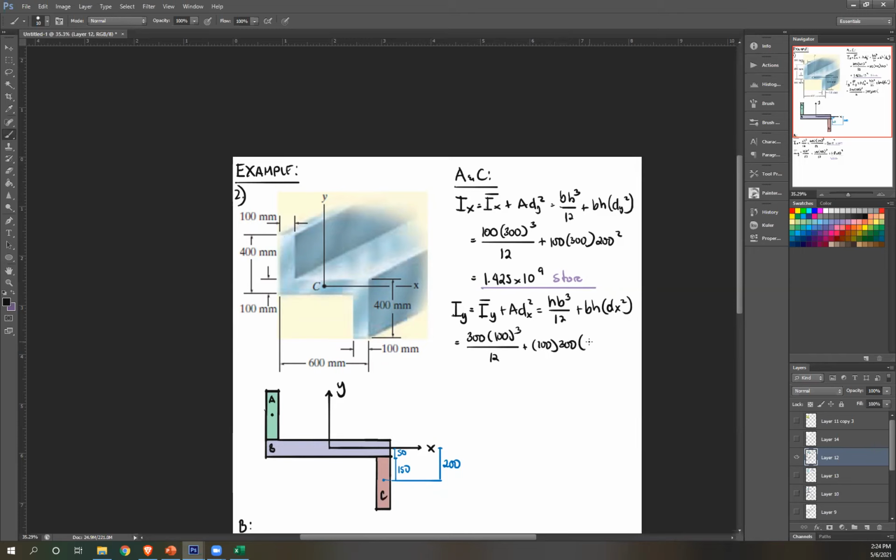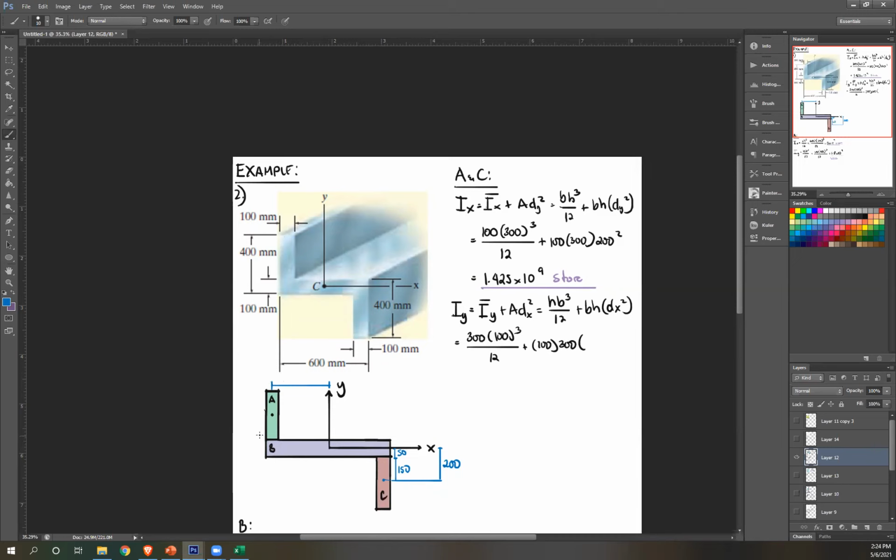But now we need to get this distance. So from this to this. How do we get that? Let's look here. This total length is 600. So if this is 600, the thickness of this bar is 100. So half of that is 50.